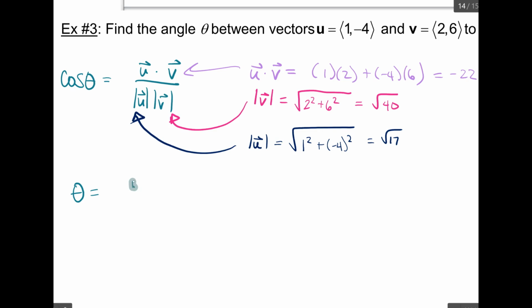So I have negative 22 over, if I'm taking the square root of 17 times the square root of 40, I'm just going to simplify and do the square root of 17 times 40. And of course, I'm going to be doing cosine inverse of this whole thing because I'm trying to solve for an angle. You use cosine inverse when you're solving for an angle.